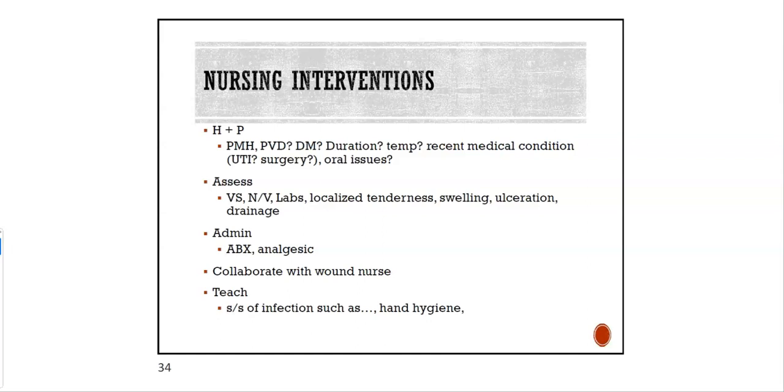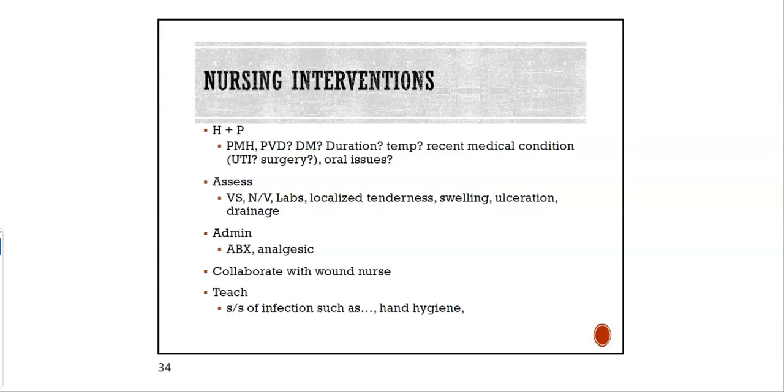And then assessment. So assessment, you may want to look at your vital signs, right? So those are going to give you cues if the patient has any infection, any nausea, vomiting. Have you looked at the labs, right? WBC, ESR, CRP, any localized tenderness, pain in the area, any swelling, ulceration, drainage.